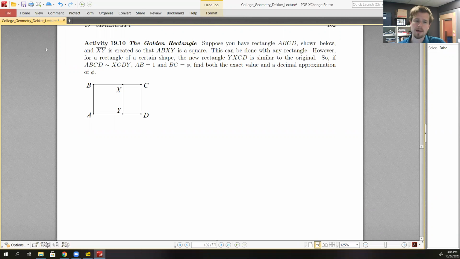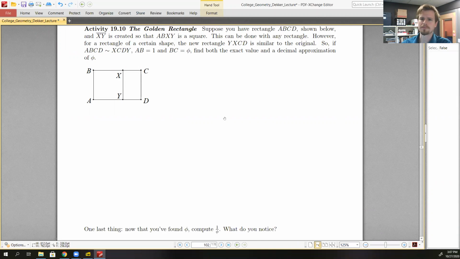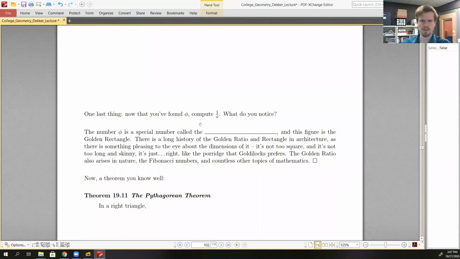But my hope, my expectation is that you'll go ahead and take the time to try this activity. There is a blank for us to fill in, but I'm 95% confident that you'll know what goes there.